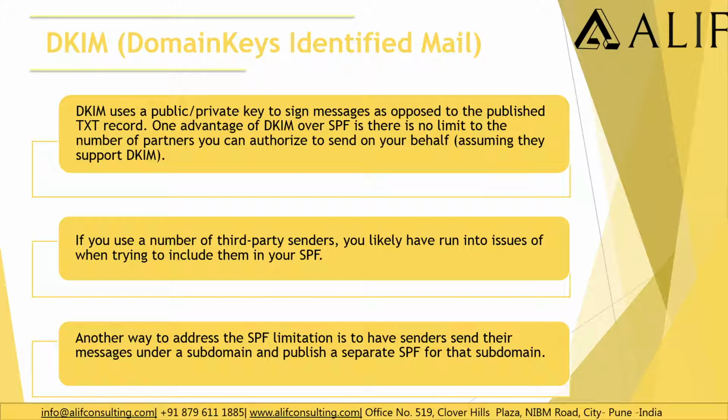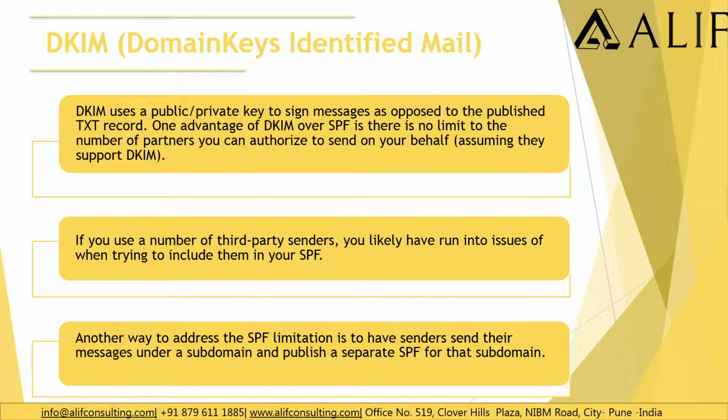But with this, what does DKIM do? DKIM uses a public and a private key to sign messages, as opposed to the published TXT record. Whenever someone tries to send an email, along with that email there would also be a private key sent across.